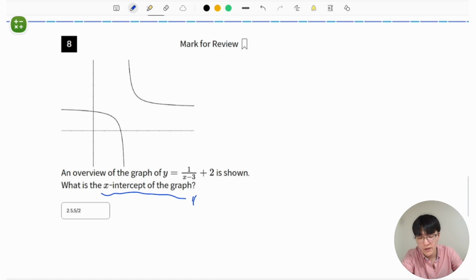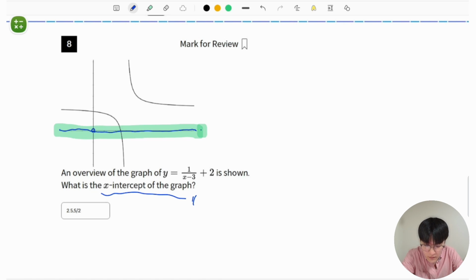Now, we can find the x-intercept of the graph if we algebraically know that the x-intercept is the intersection point in which y is equal to 0. Okay? So if we plug y is equal to 0, then we can figure out the x-intercept. So 0 is equal to 1 over x minus 3 plus 2.